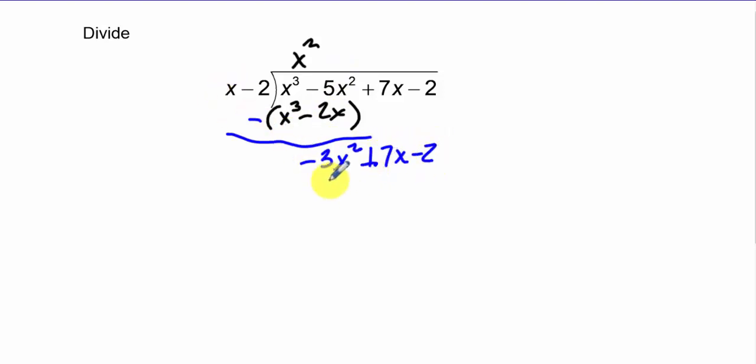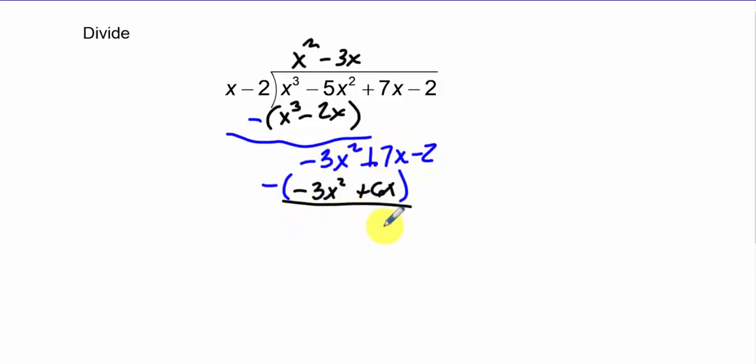Then I say x times what is negative 3x squared. I'm going to call that a negative 3x. And again, we take and distribute the negative 3x. I get negative 3x squared, positive 6x. And I'm going to subtract again. Negative 3x squared minus negative 3x squared is 0.